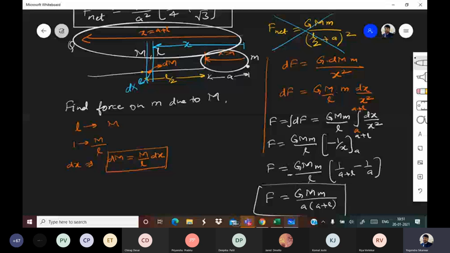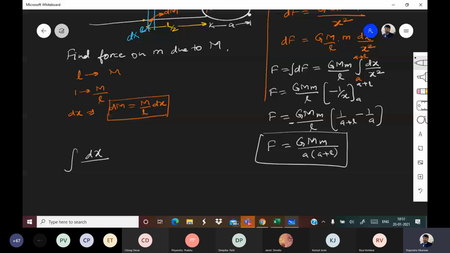Okay. Now let me talk to Mr. Adric. Adric is saying, sir, can we integrate it from 0 to L of G m1 m2 upon a plus x whole square? Adric, let me tell you, you can do that, but I doubt whether you will be able to find the integration of dx upon a plus x whole square.